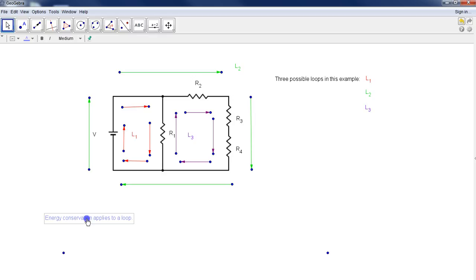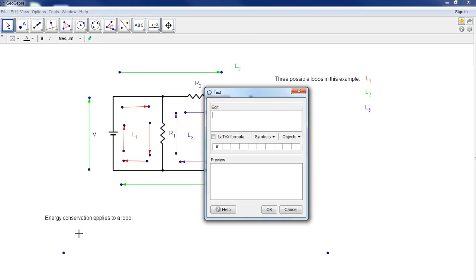What does that mean? Well, it means we better change our color here. There we go. That means that the sum of the voltage drops around the loop has to add up to 0. So the sum of the voltage around the loop has to equal 0.